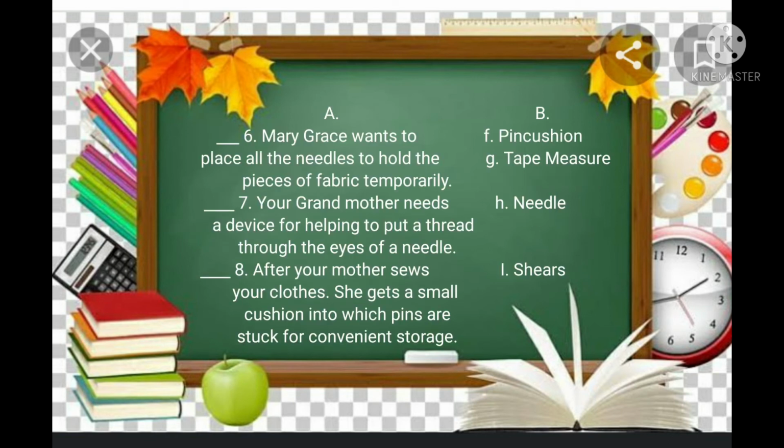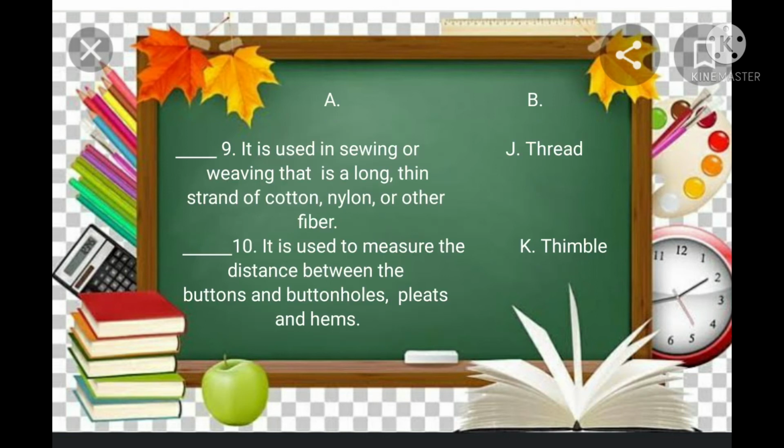Number 6, Mary Grace wants to place all the needles to hold the pieces of fabric temporarily. And number 7, your grandmother needs a device for helping to put a thread through the eye of a needle. And number 8, after the mother sews your clothes, she gets a small cushion into which pins are stuck for convenient storage.